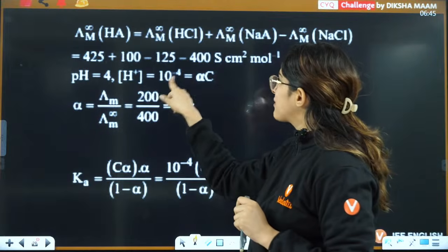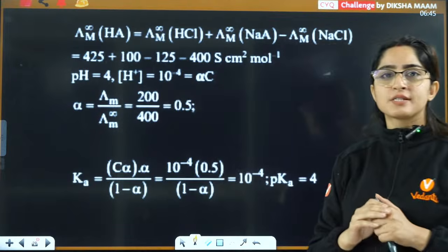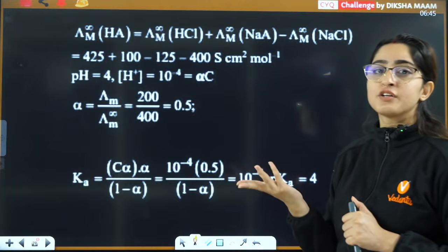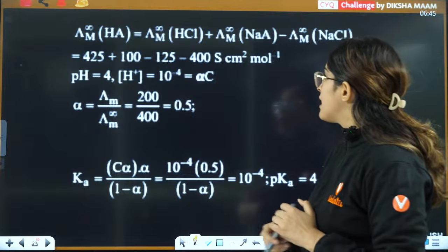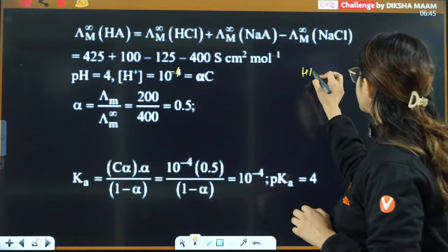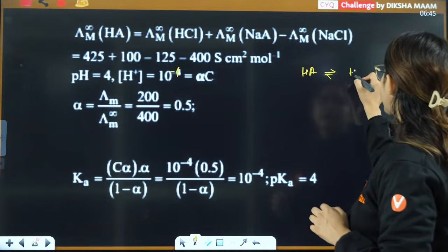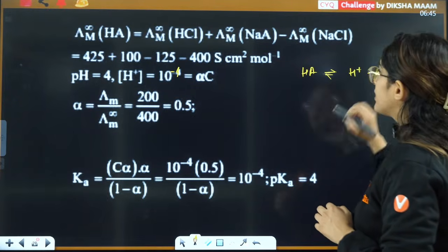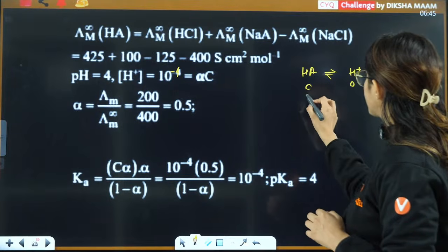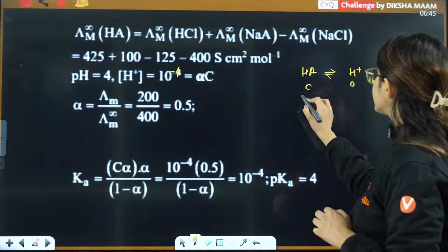pH is given, that means H positive concentration is given. If pH is 4, H positive concentration is 10 raised to minus 4, right? And H positive concentration in HA, if you see, this is H positive, A negative, right? This is the initial concentration, 0, 0. This will become C minus C alpha.